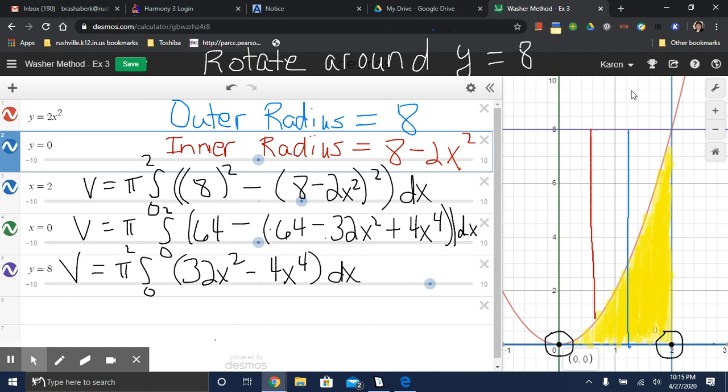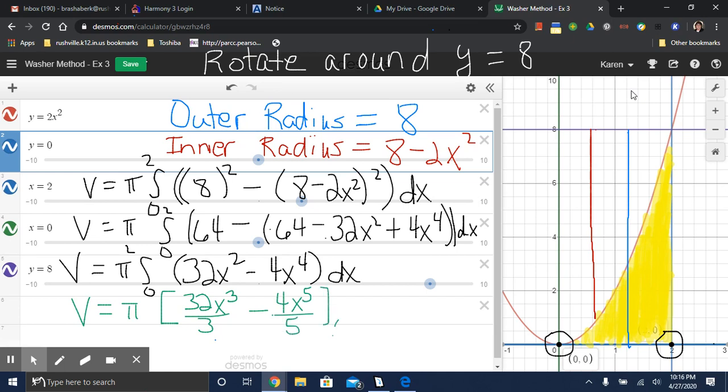So now we're ready to do the antiderivative, do the integration. So volume would equal pi times, for 32x squared, we would have 32x to the third over 3 minus, and then for 4x to the fourth, we get 4x to the fifth over 5.